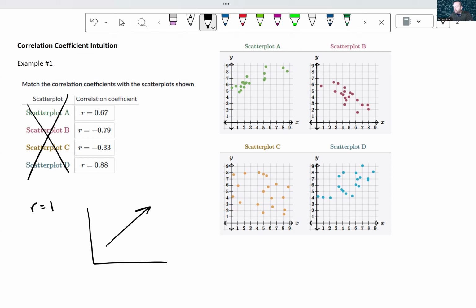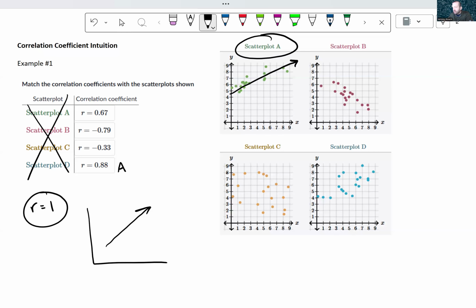And that looks like scatter plot A is the closest to R equals 1. So now we're going to look at our multiple choice answers and figure out which one of these answers is the closest to 1 on the multiple choice, 0.88. So that one's got to be A. So if we drew a line of best fit, you can see that those data points are the closest to the line of best fit.